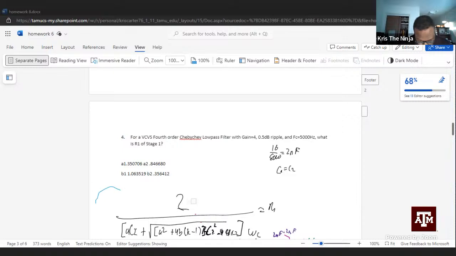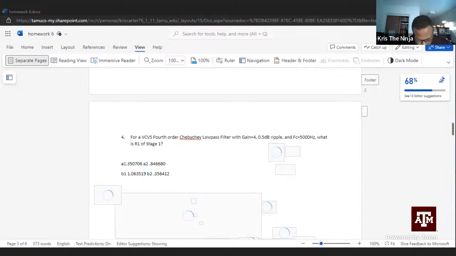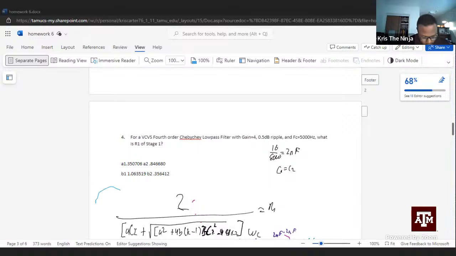Plus the 7.01412 times 10 to the minus 10th. That gives us a value there of 1.9295 times 10 to the minus ninth.